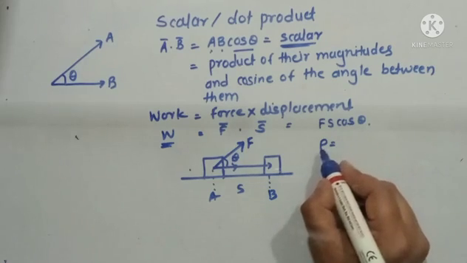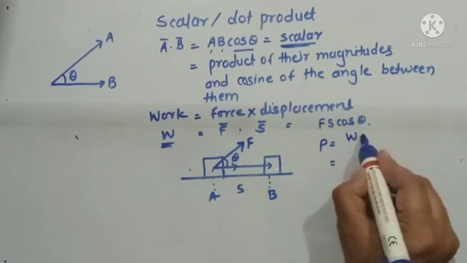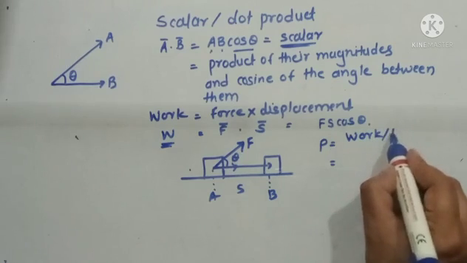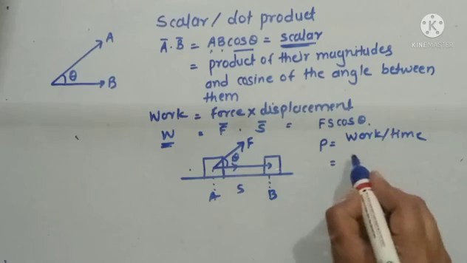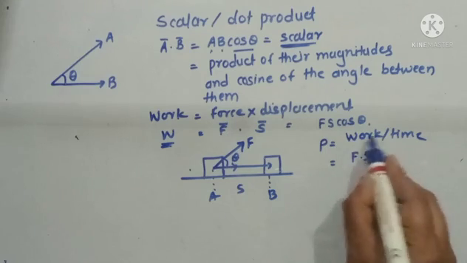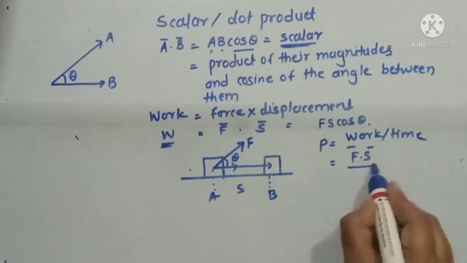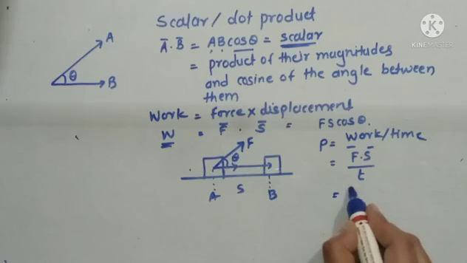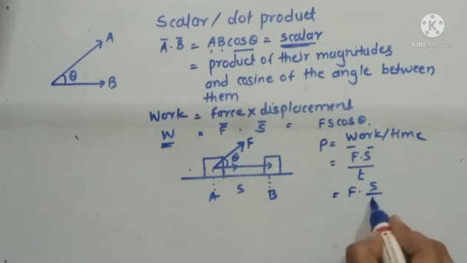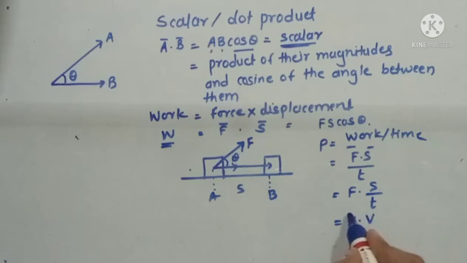Let us take one more example, power. Power is nothing but work upon time. We know that work is F dot S, so power is F dot S upon T, and S upon T, displacement per unit time, is nothing but the velocity.